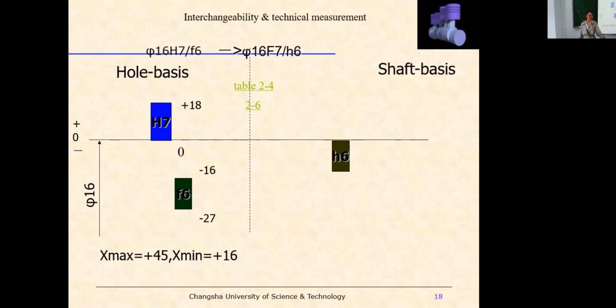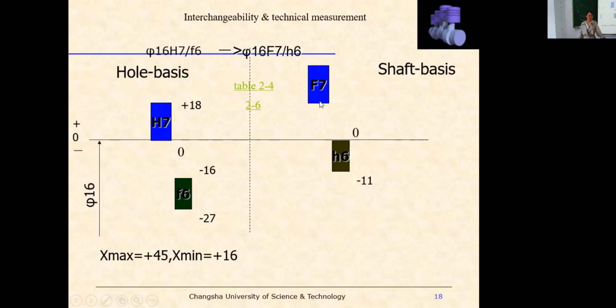This is the basic shaft. So this H6 is also 11, because the IT grade is 6. You have already found that, right? It's 11.